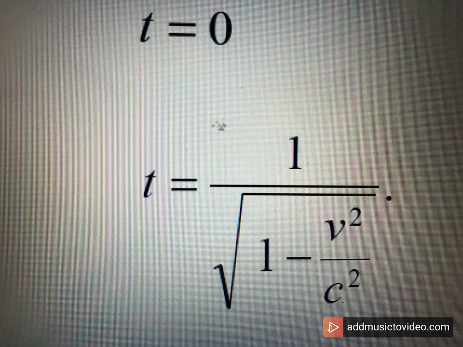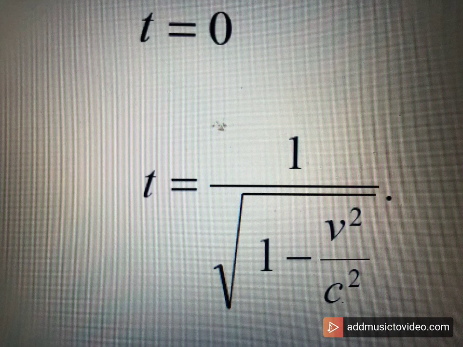Let us now consider a second clock, which is permanently situated at the origin x prime equals 0 of K prime. t prime equals 0 and t prime equals 1 are two successive ticks of this clock.